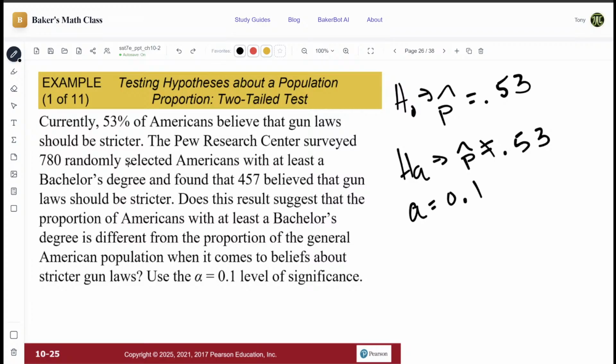Now, depending on the news channel you listen to, that one statement will change, depending on who they're actually talking to. This is why I say statistics is the thing you can lie with. One channel or one side would say exactly what I just said: the proportion of those with a bachelor's degree support stricter gun laws.